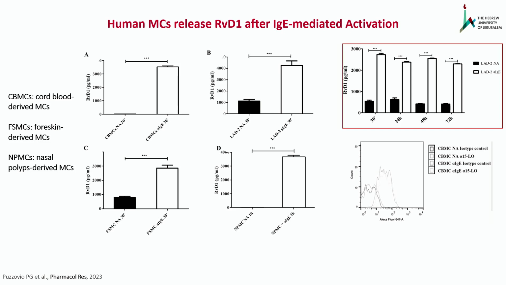We tried, if you remember, Bruce, with papain, with compound 48/80, but only IgE, so the same stimuli that cause allergic inflammation to start, can produce quite significant quantities of resolvin D1.